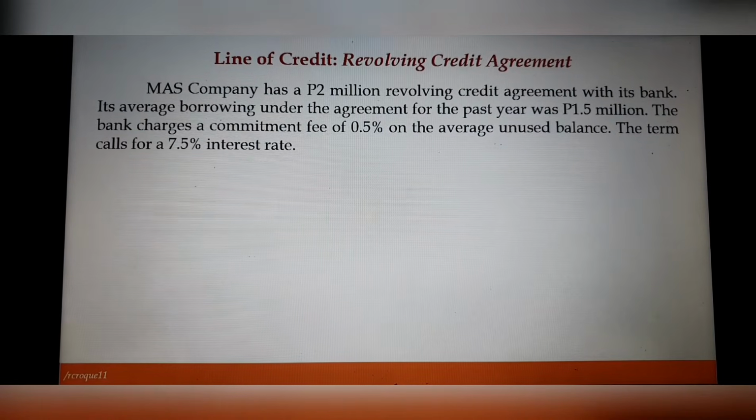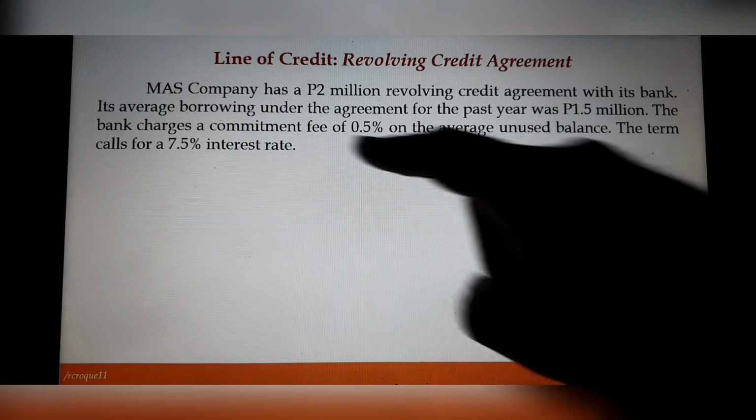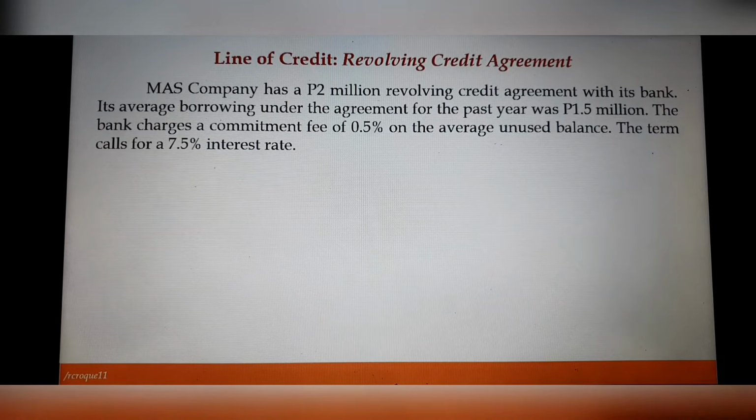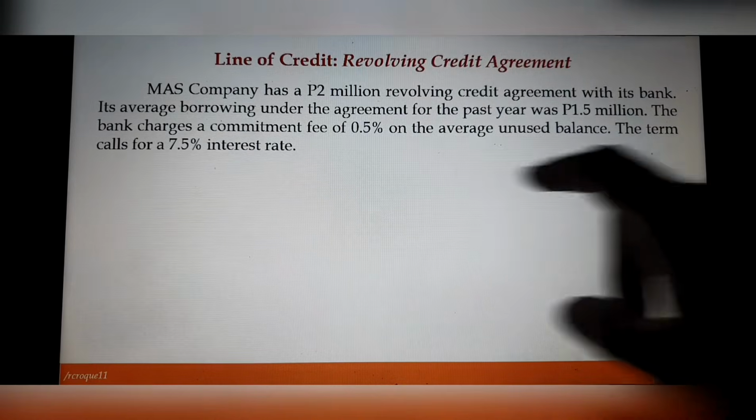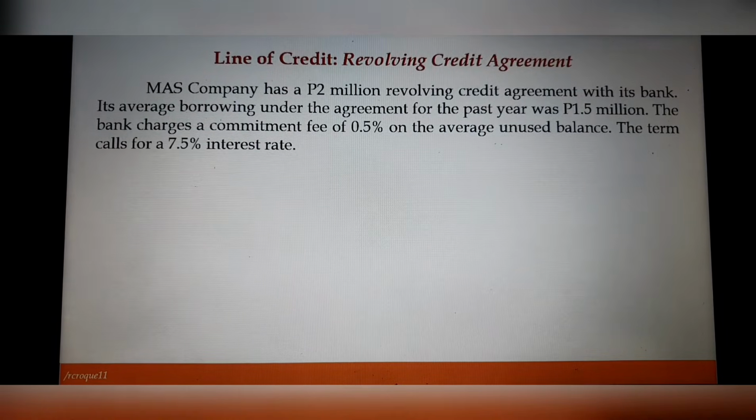So therefore, we have to again determine the effective annual rate. So the formula for effective annual rate, ang numerator natin, magkano ba yung total cost ng loan natin? So aside from interest, another cost would be our commitment fee. Ang denominator natin is magkano ba yung proceeds that we had. So in our case, ang proceeds lang natin dito ay 1.5 million.